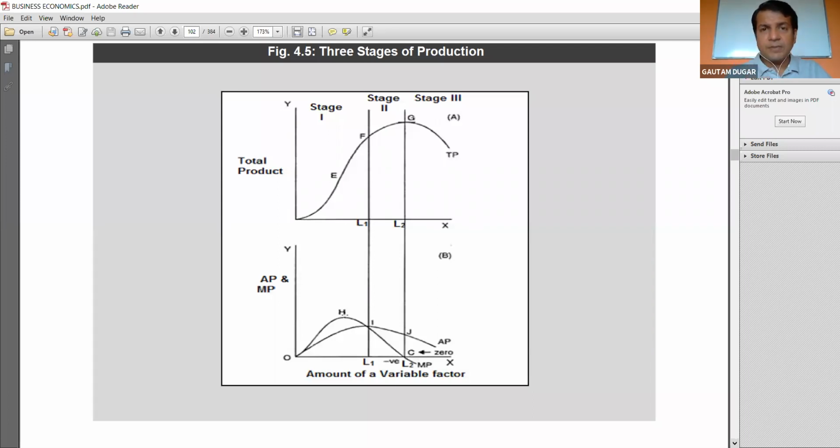There is a significance of this point. Till this point, the total product increases at an increasing rate. Thereafter, the total product continues to increase but at a diminishing rate.